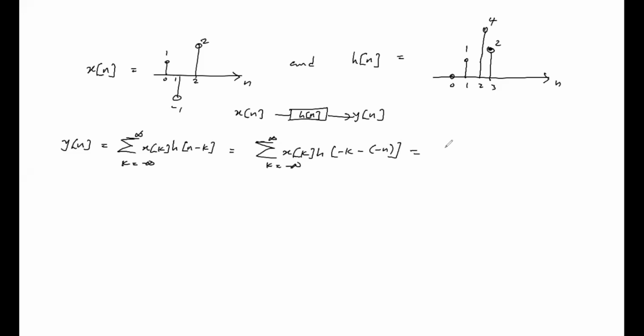So this now, again, is the same as writing the summation of k equal to negative infinity to positive infinity, s of k, h of minus k plus n. Yeah? Now, if we add n to both sides, or say, no, we can't add n. We want to eliminate this n.